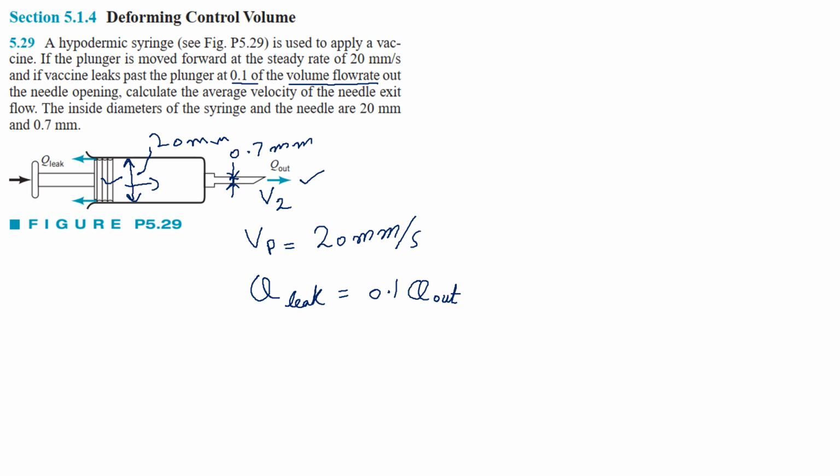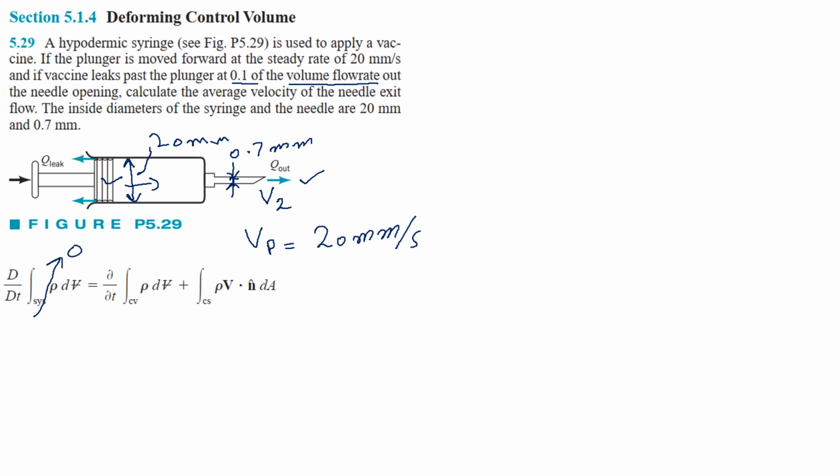So this is the data that is given, and now we are going to write an equation for it. This is what my equation will look like if I remove this. This is my Reynolds transport theorem, and because it is a mass conservation problem, the left hand side will remain 0. Now this term will not be equated to 0 because it is changing, it is deforming. My control volume is deforming now, so I cannot take this term equal to 0. So what will I do with it?